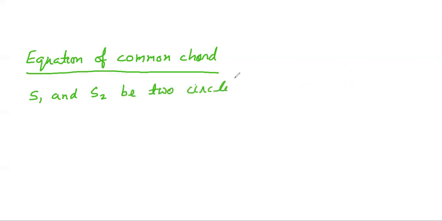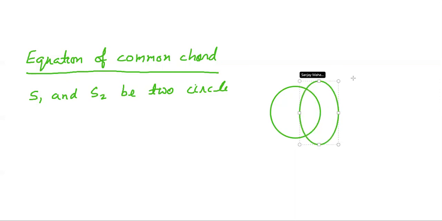Let's say we have the two circles. First, let me draw both the circles. We draw the circle S1, and then we draw another circle S2. So we have two circles here. You can say this is circle S1, and this circle you say S2.